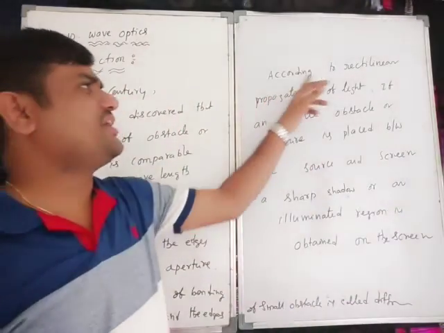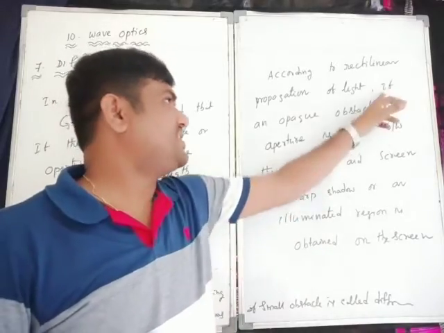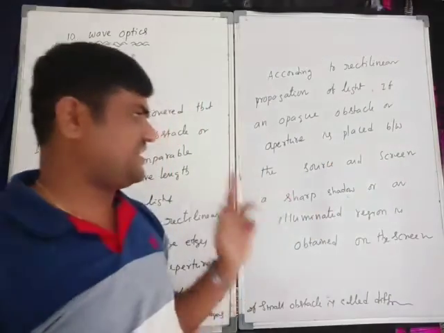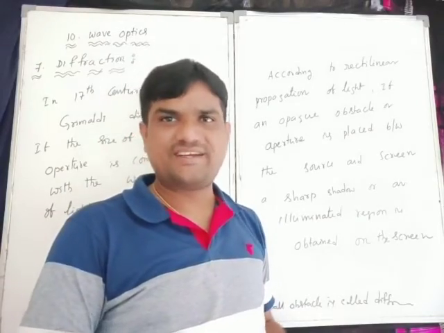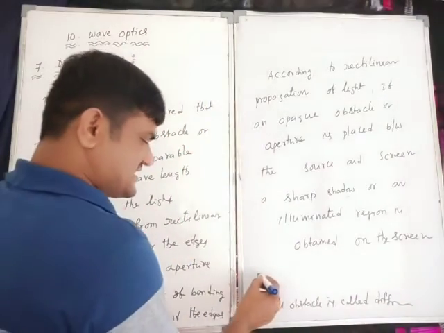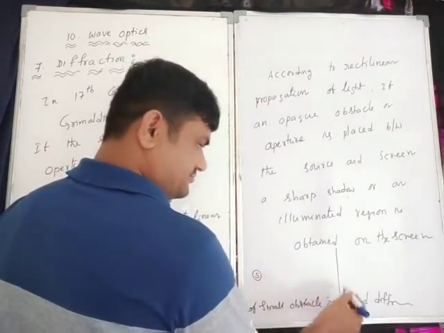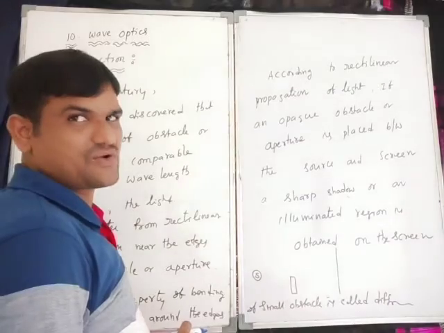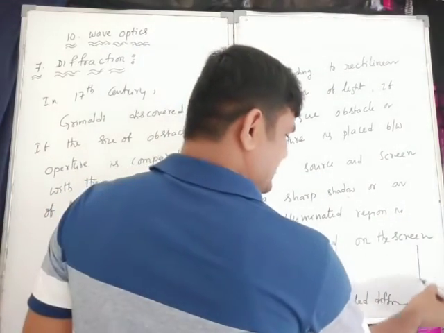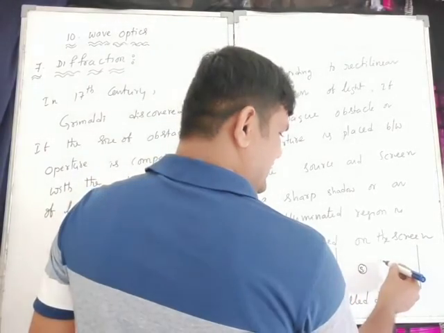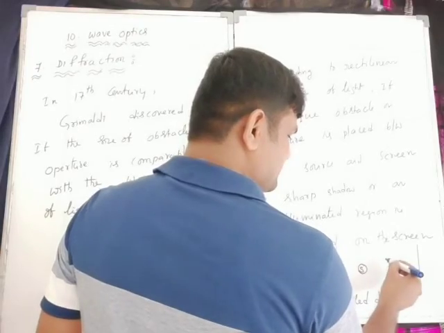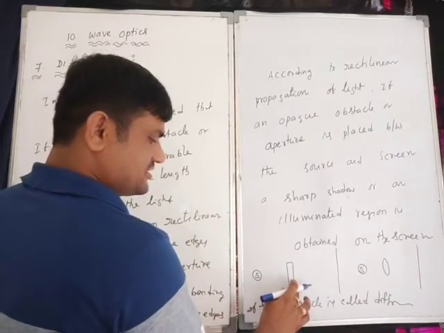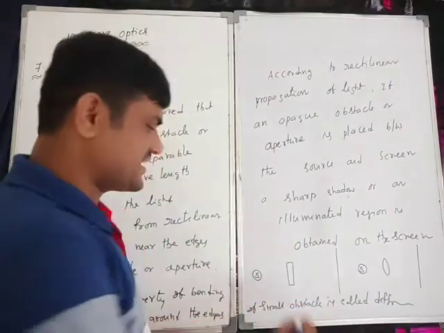According to rectilinear propagation of light, if an opaque obstacle or aperture is placed between source and screen, for example, this is the source, this is the screen, and here I can keep an obstacle, or else an aperture. This is the aperture, this is the obstacle.